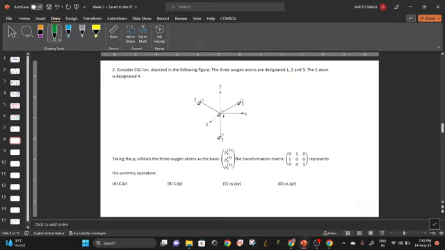Now consider the CO3 minus ion. The 3 oxygens are designated 1, 2 and 3. The C atom is designated 4. Taking the pz orbital on the 3 oxygen atoms as the basis, pz1, 2 and 3, and the transformation matrix as this one, it represents what symmetry operation?